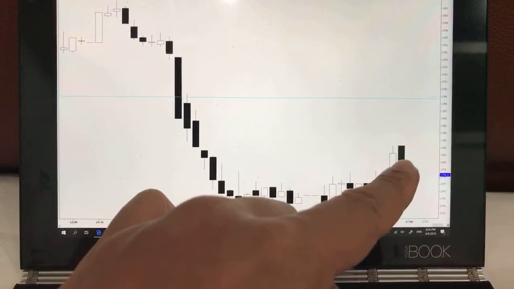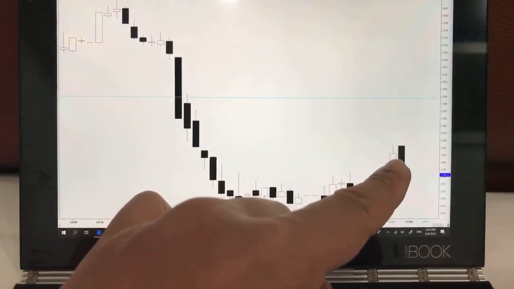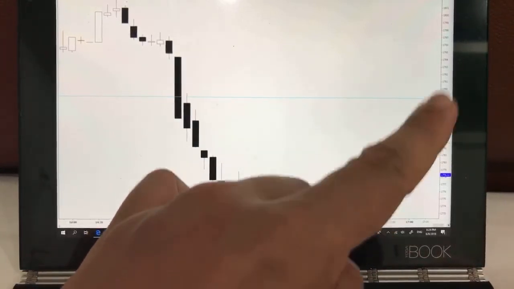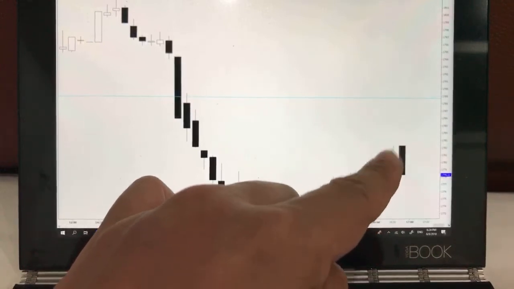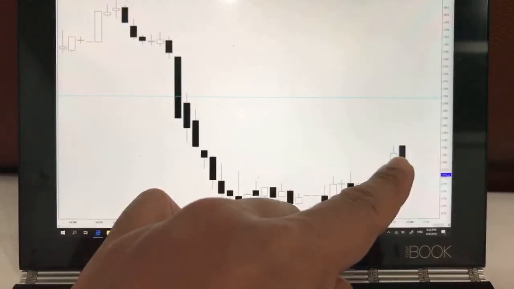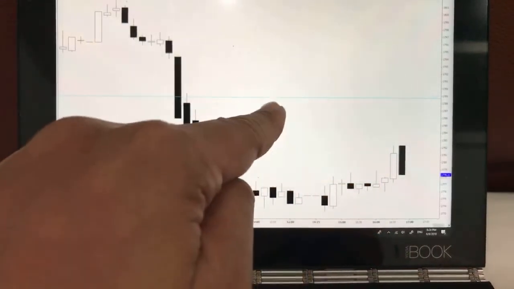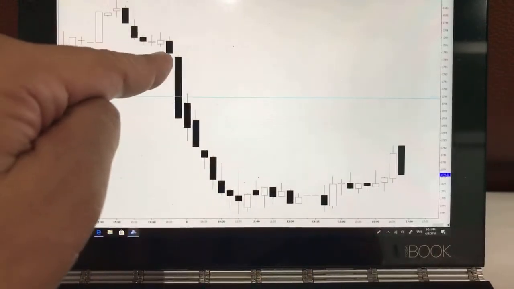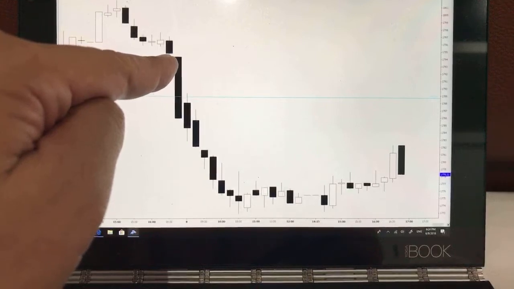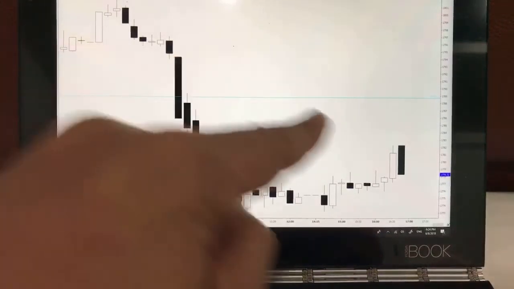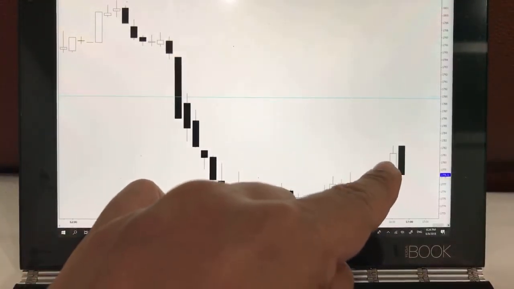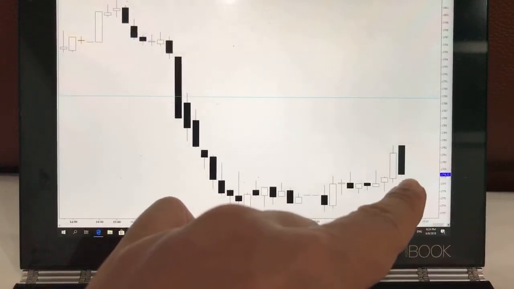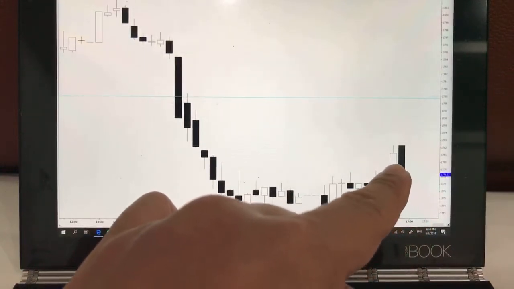If tomorrow price gaps up and moves higher than this blue line, and then wash and rinse this candlestick, that is positive. But if price continues to move down, that means this head of gangster is very important.